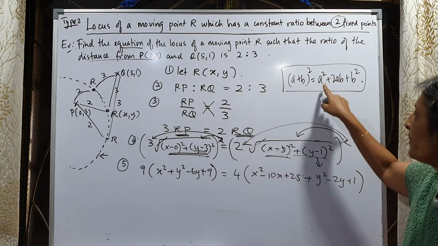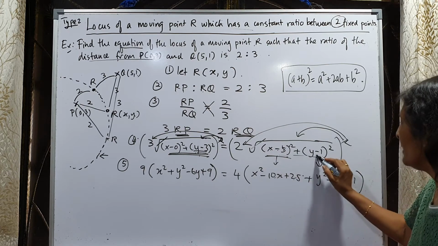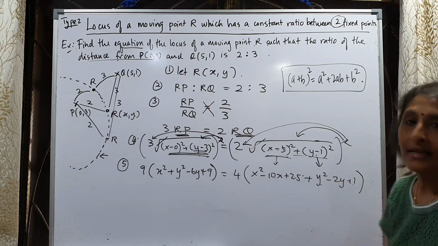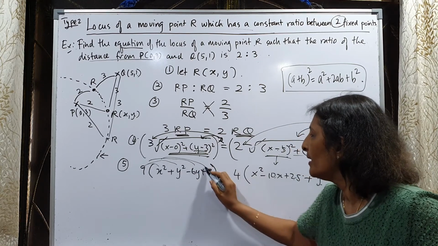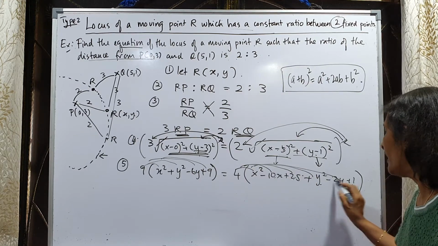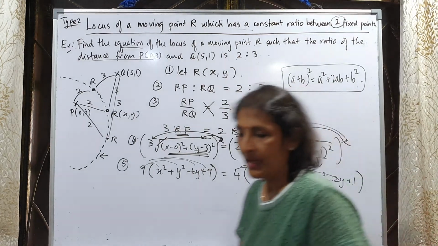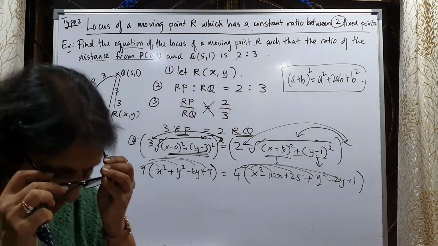So memorize and practice. So this whole thing becomes here and this one becomes here. Next step will be times the 9 in every single number, times the 4 in every single number. Times it all in and bring everything to the left and get your equation.